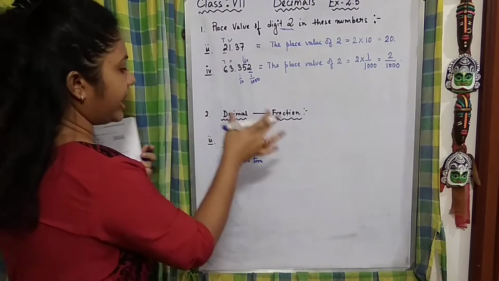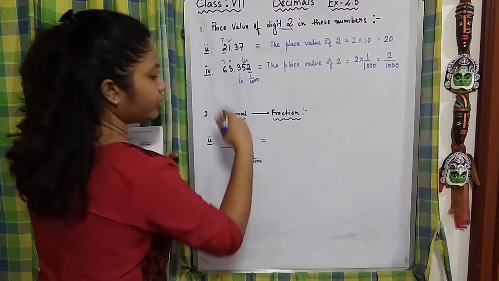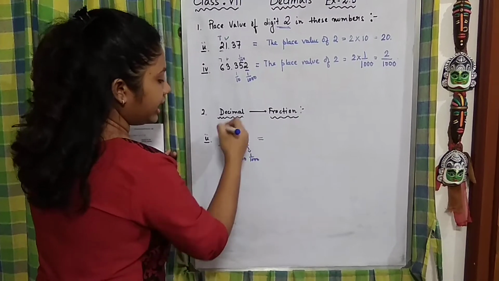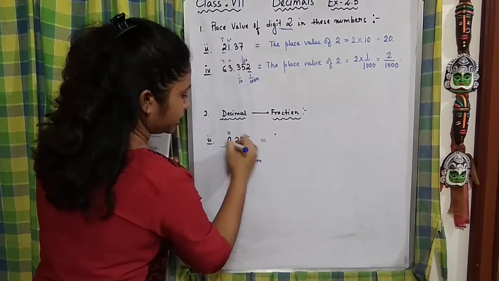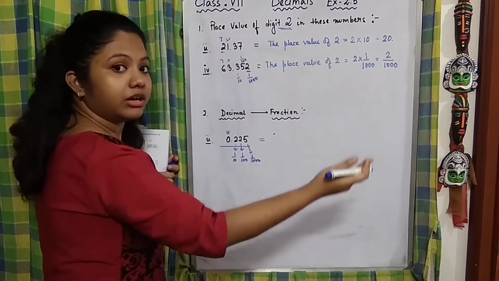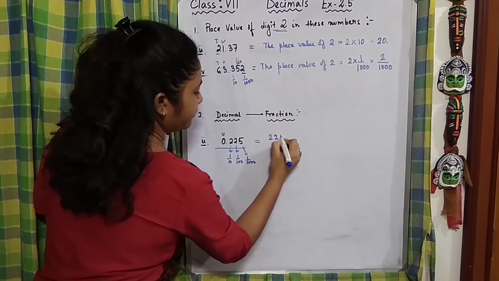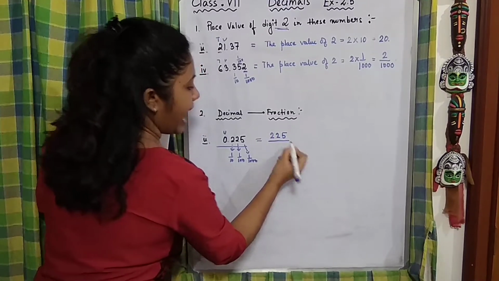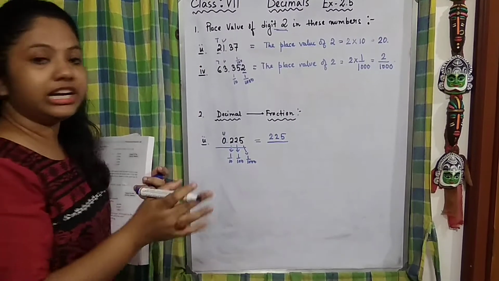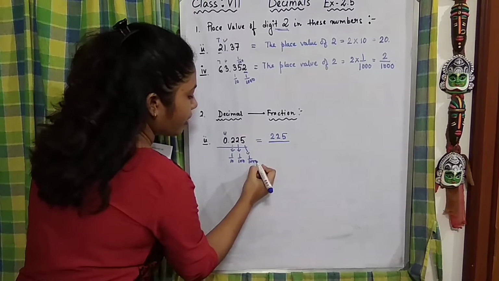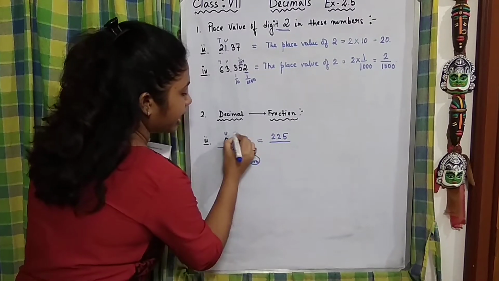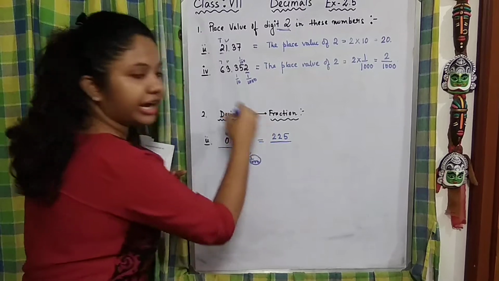Now whenever we have to convert a number into its fraction form, we will keep the total number in the numerator. So we are going to keep the 225 in the numerator, and the denominator will be filled with the place value of the number that is in the extreme right.